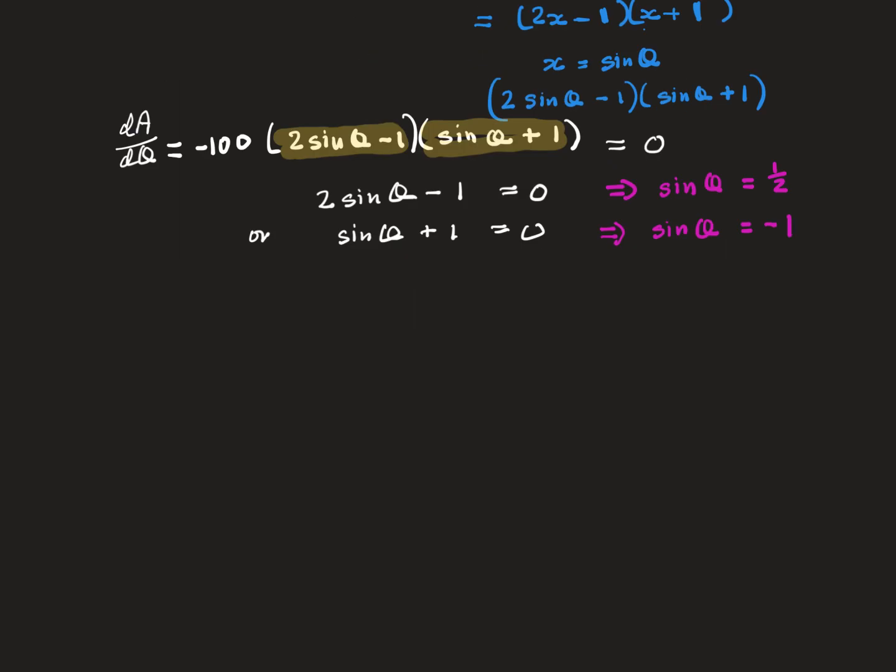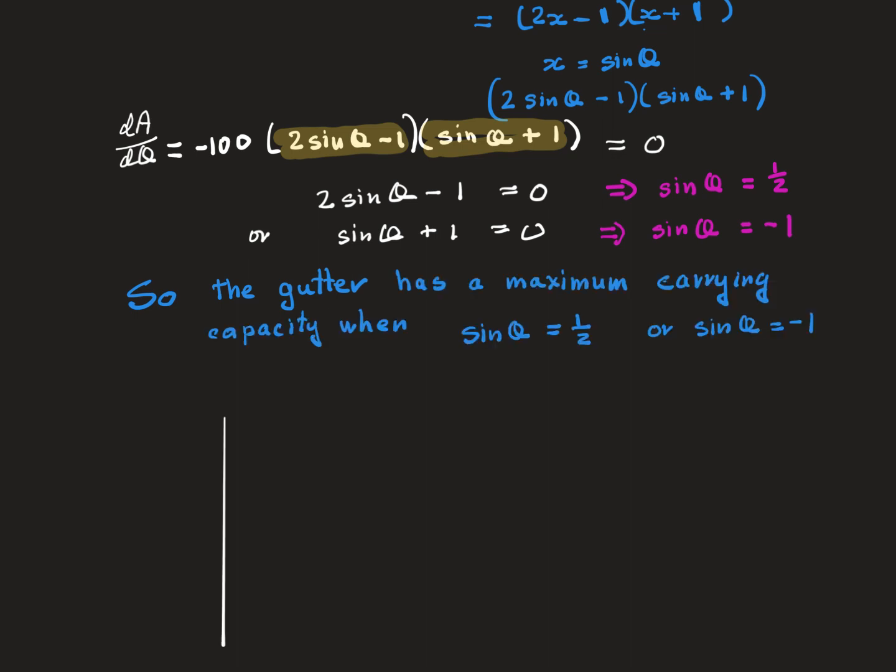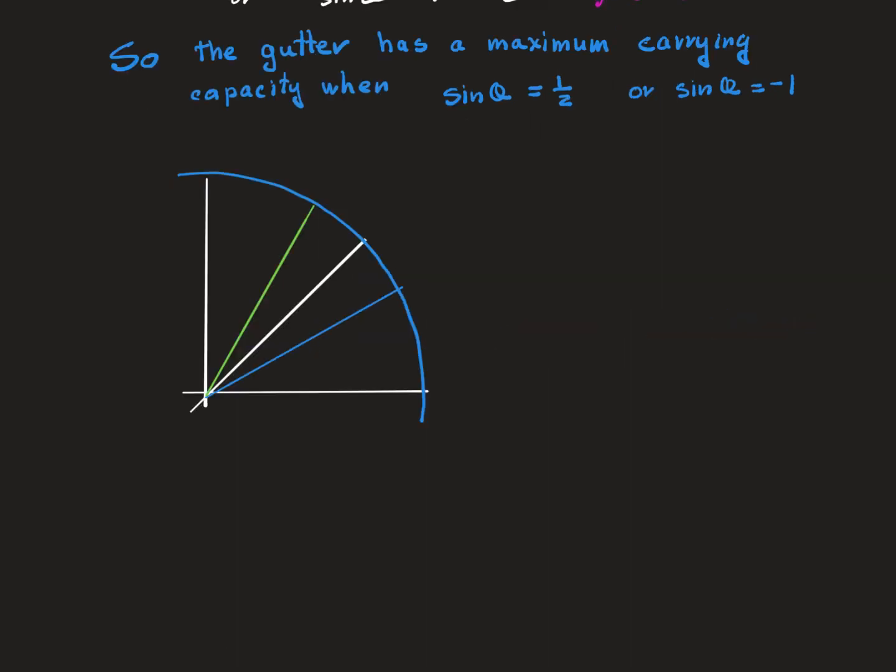So the gutter has a maximum capacity when sine is equal to a half, or sine is equal to minus 1. On a unit circle, the coordinates here are 1, 0, and up here they would be 0, 1.